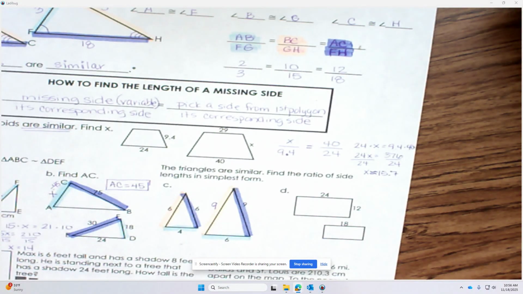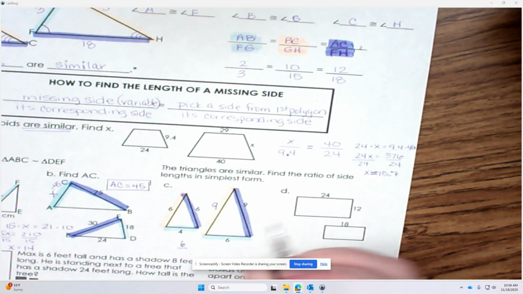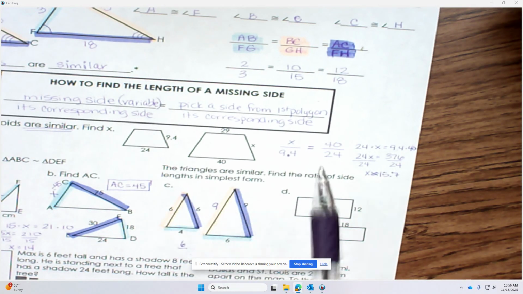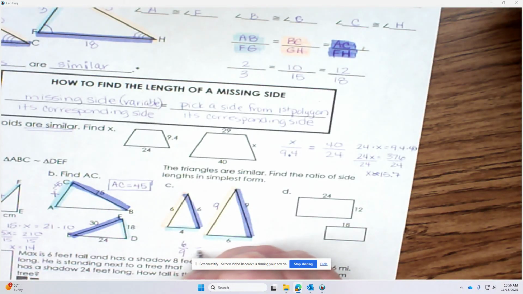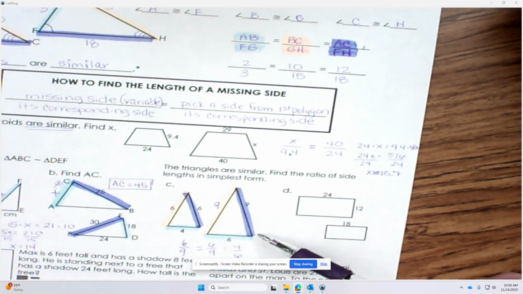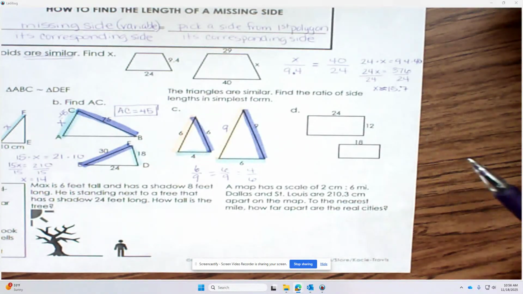So my ratio, we can go orange over orange. So 6 over 9 is equal to, let's go purple over purple, 6 over 9 again. And then blue over blue, which is equal to 4 over 6. Did you see how I could draw the ratios wrong? Which is why having those colors before you get started can really save you from making silly mistakes.